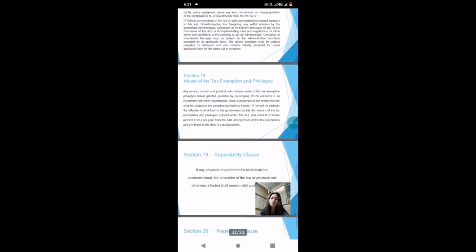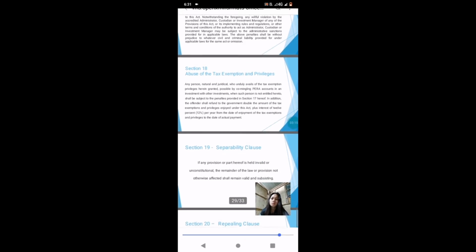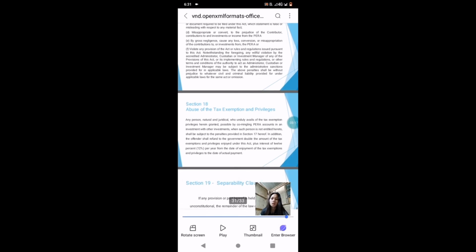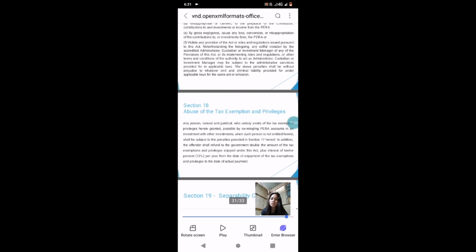So Section 18, abuse of the tax exemption and privileges. Any person, natural or juridical, who unduly avails of the tax exemption privileges herein granted, possibly by commingling PERA accounts in an investment with other investments, when such person is not entitled thereto, shall be subject to the penalties provided in Section 17 hereof.